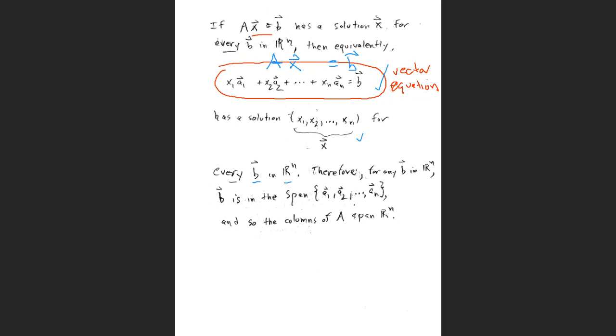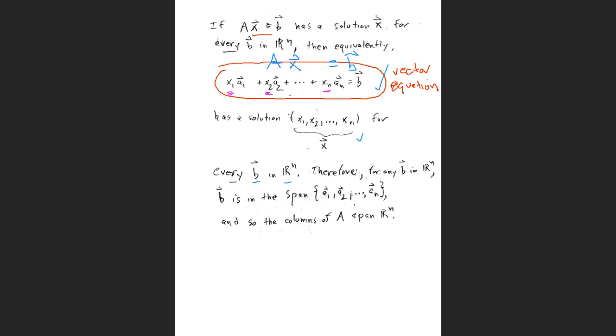Therefore, if you were to pick any vector B in n-dimensional space, there's going to exist a linear combination of the column vectors of the matrix A that will equal the vector B. To find the linear combination, you need to find the weights x1, x2, x3, all the way up to xn.